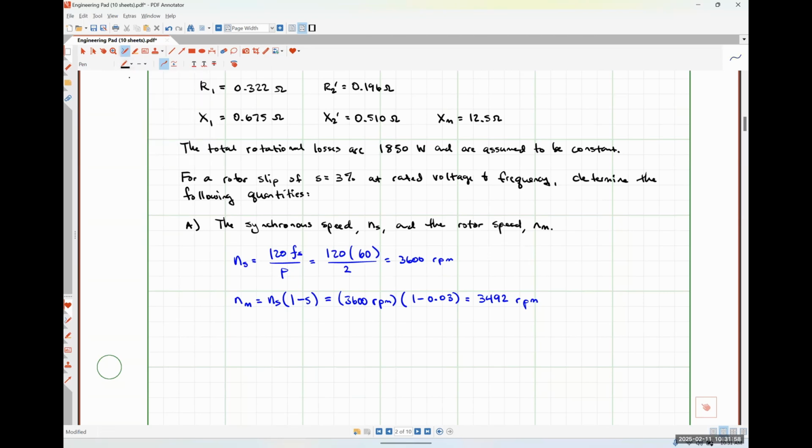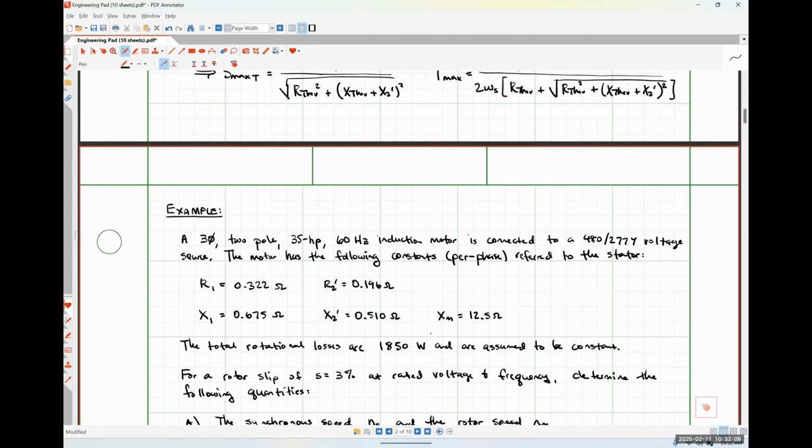So before we move on from this calculation, everybody okay? Yes. A 2-pole, yep. I told you in the problem statement.